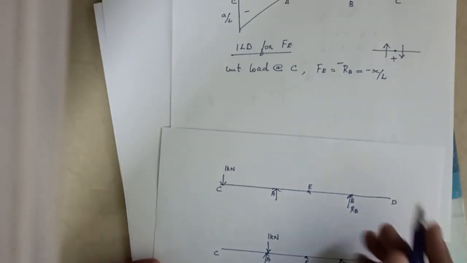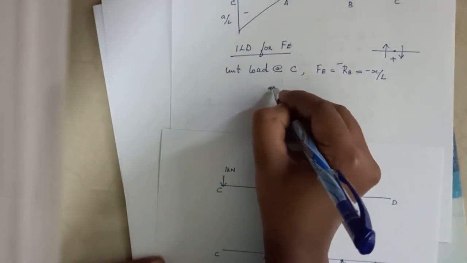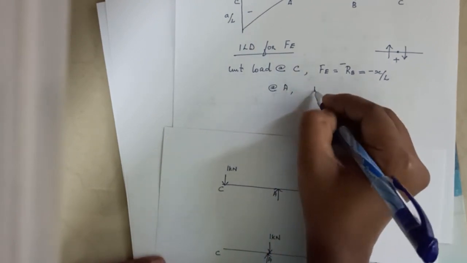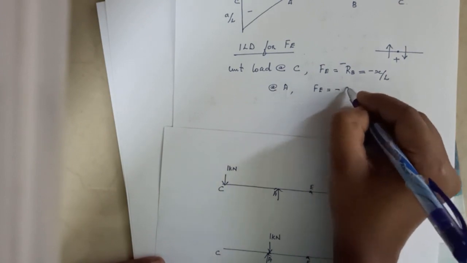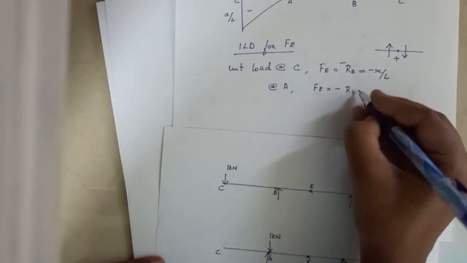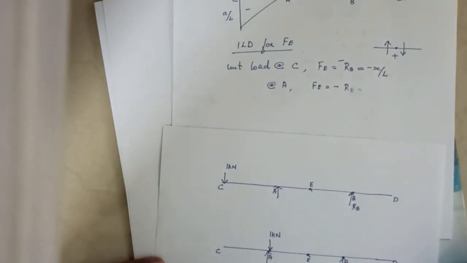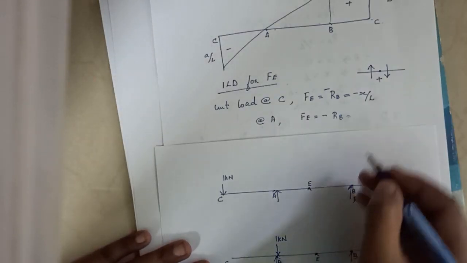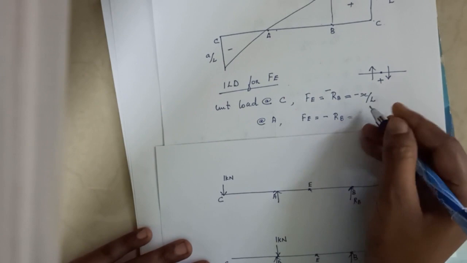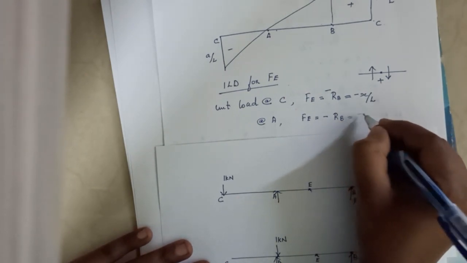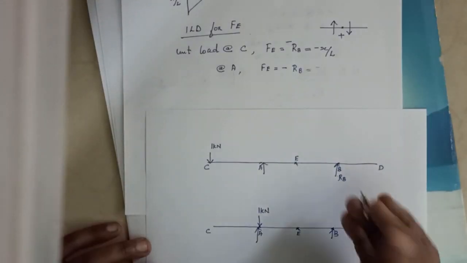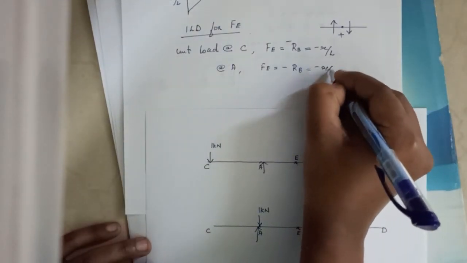So RB value, that is unit load at A, shear force will be again minus RB value, therefore minus x by L.